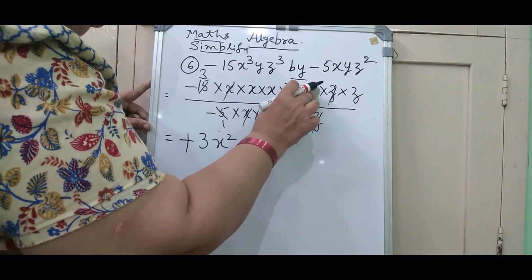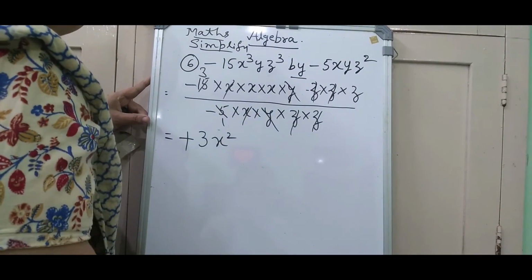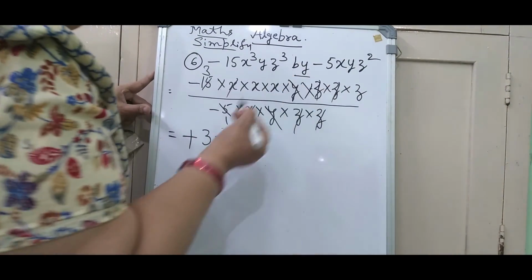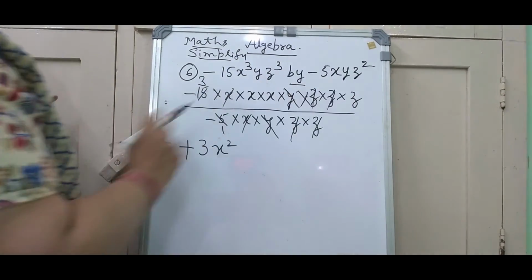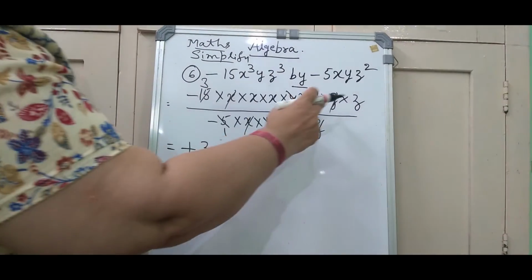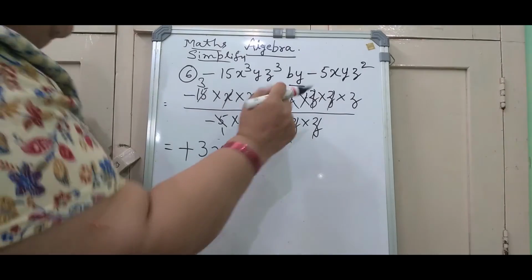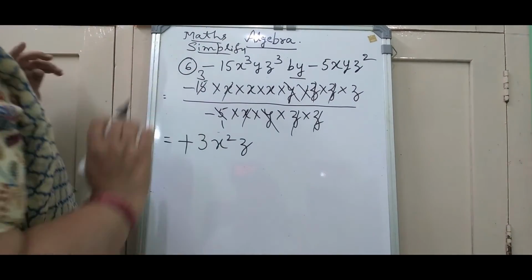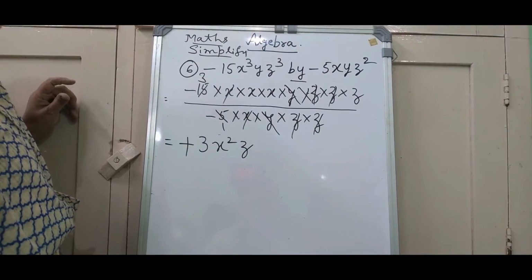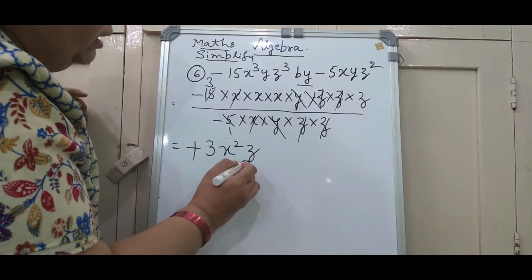This must be the into sign here. I am changing it. Because 15x cubed y z cubed means this must be into sign. So z into z into z. Only one more z is remaining, x square z. So plus 3x square z will be the answer here. So this will be the answer.